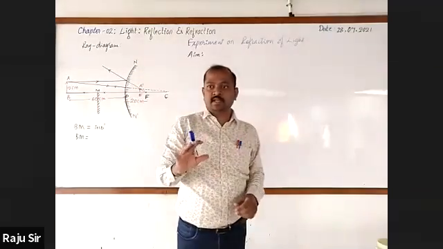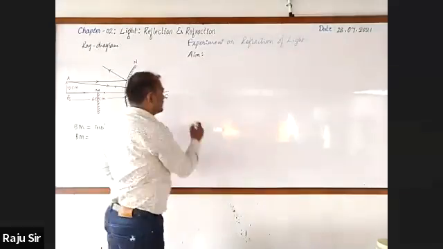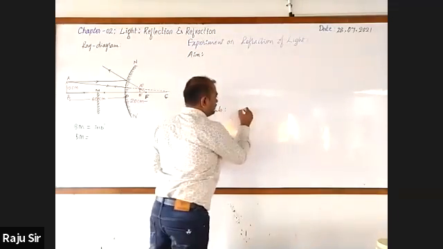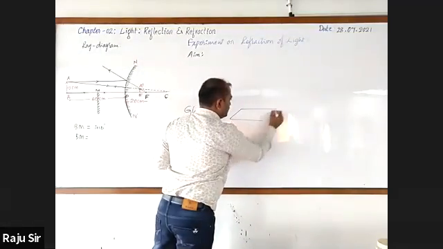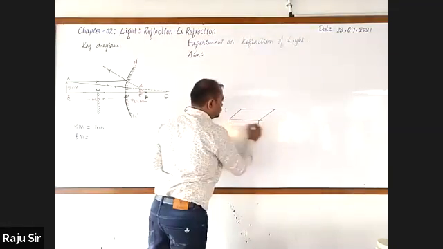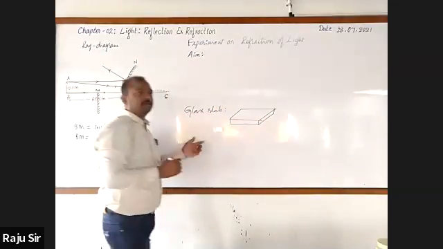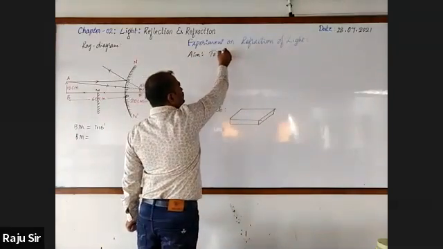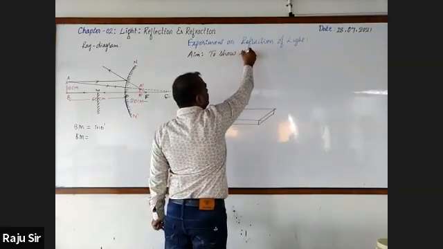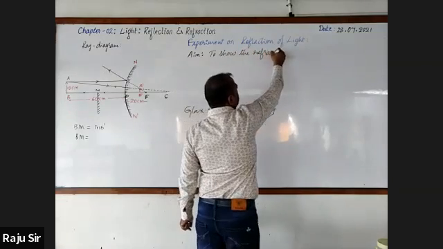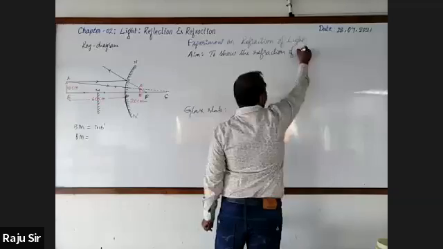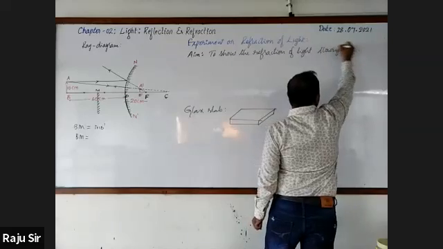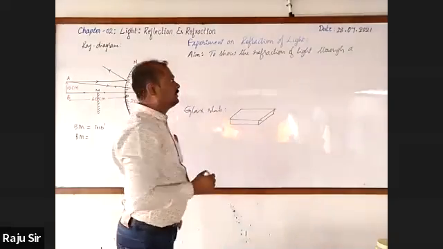Do you know about glass slab? Yes, sir. It is like this, the cuboidal shape. Here it is. This is a rectangular glass slab, to show the refraction of light through a rectangular glass slab.